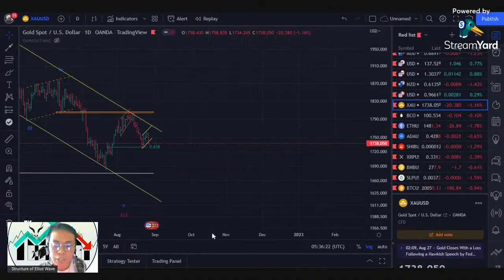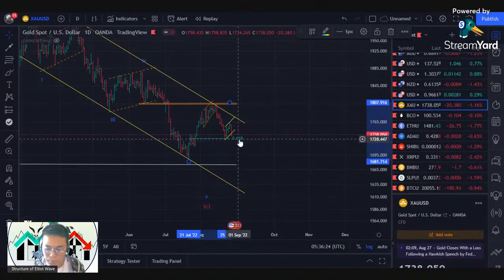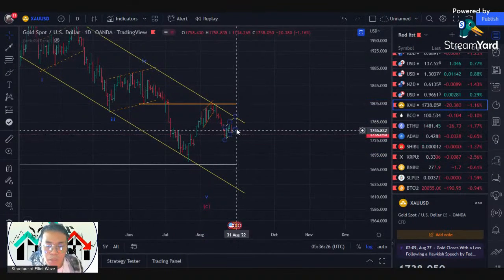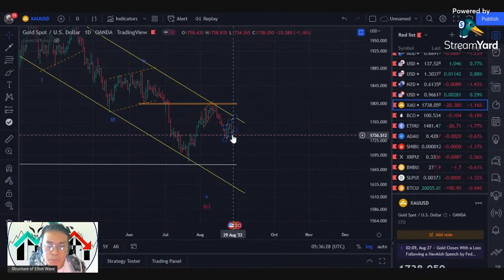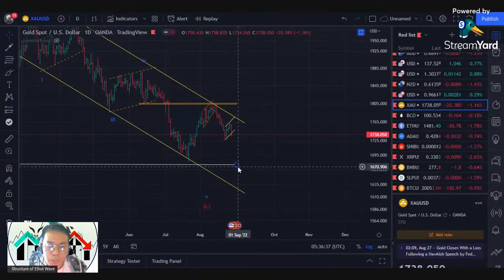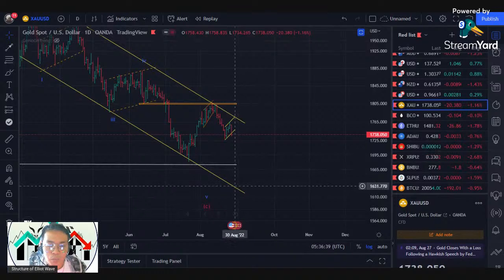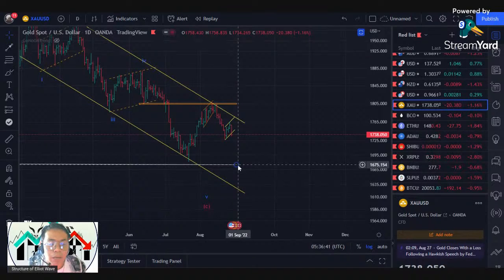Okay, as I can see here, let's move this golden ratio. We have a flag here, where we expect more downside in gold. But as I can forecast, gold will end here at this line, because as I can see in our chart pattern, it will form a double bottom.